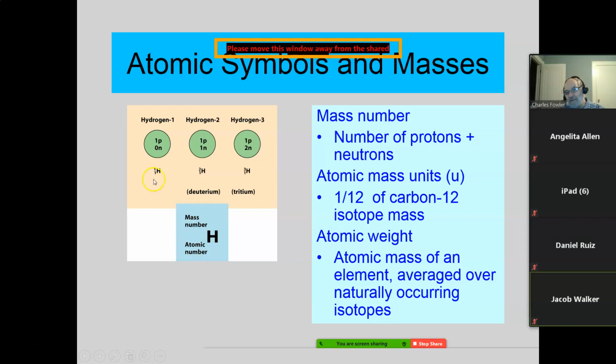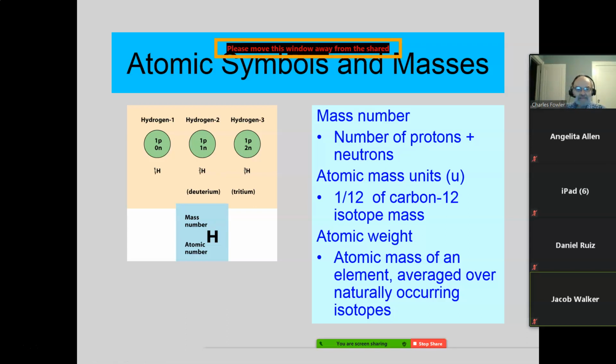So for it to be 1,1 hydrogen, that means there's no neutrons because the mass number is the same as the atomic number. But a 2,1 hydrogen would be 1 neutron and 1 proton, and a 3,1 hydrogen, tritium, would be 1 proton, 2 neutrons, for a total of 3 atomic masses.